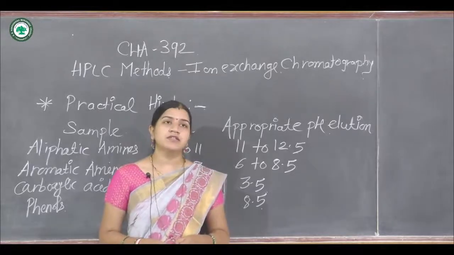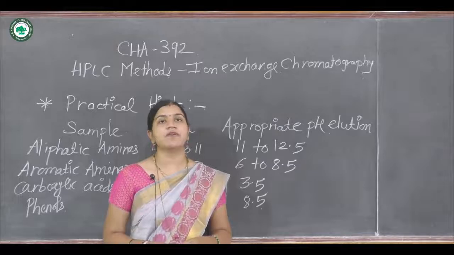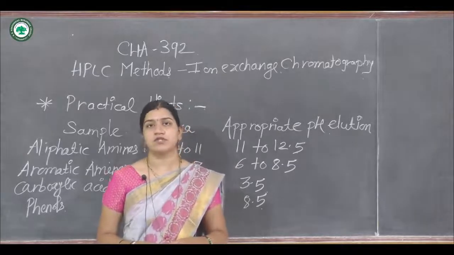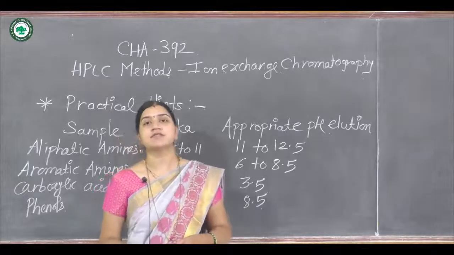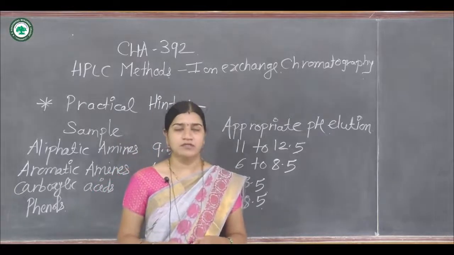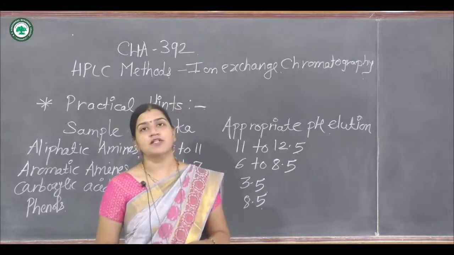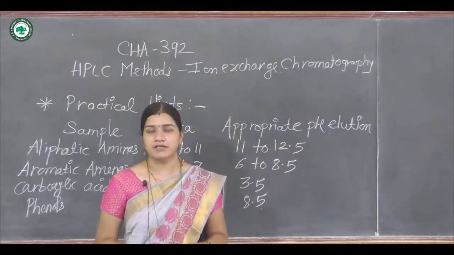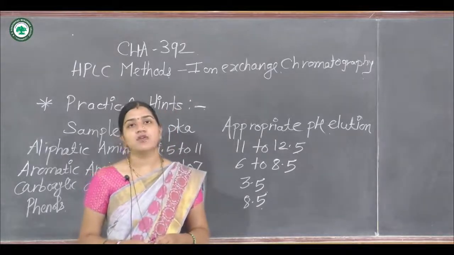Along with the mobile phase, you are using a buffer solution. Now what is meant by a buffer solution? A buffer is a substance which resists the change in pH even though a strong acid or strong alkali is added to it.